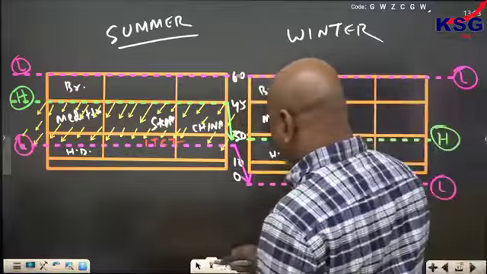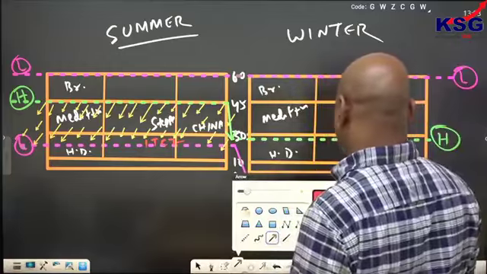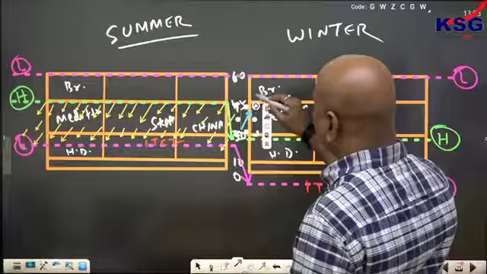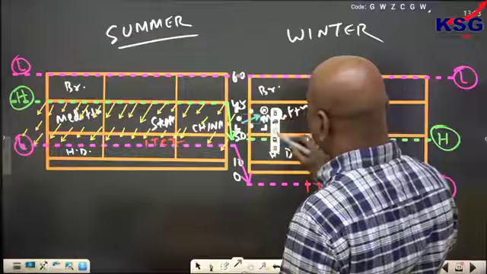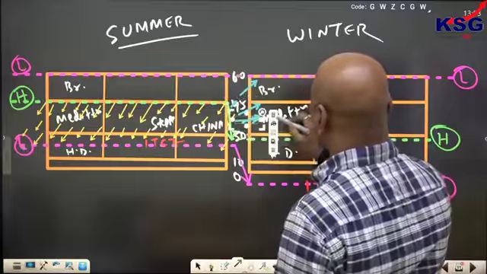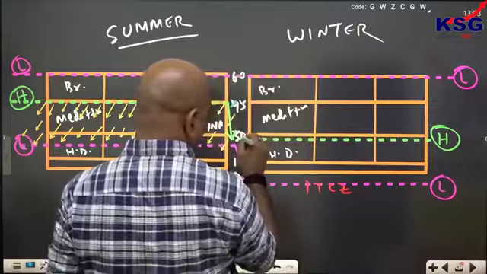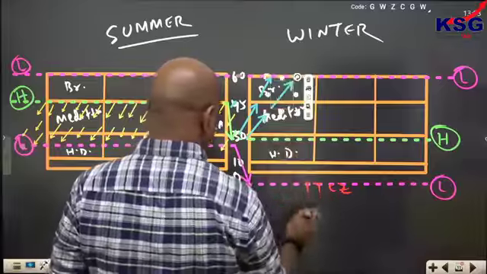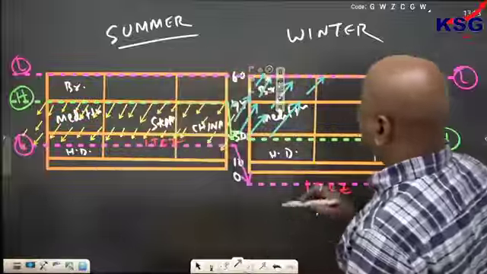Here what happened, you can see in this case, this is dry continental easterlies. During the winter season what happens, this is high pressure, this wind will blow in this way, so it is coming from the ocean here, it will give rainfall here.